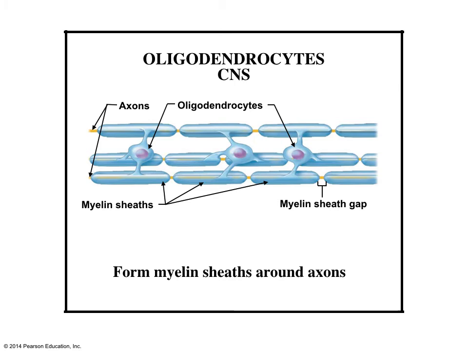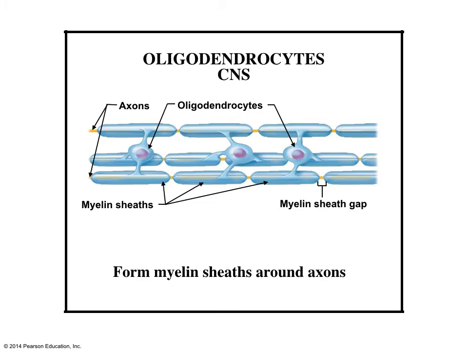What is the function of myelin or this myelination? The answer is to insulate the axon and to speed up the transmission of that action potential. Myelin sheaths are essentially wrappings of the cell membrane of those oligodendrocytes.